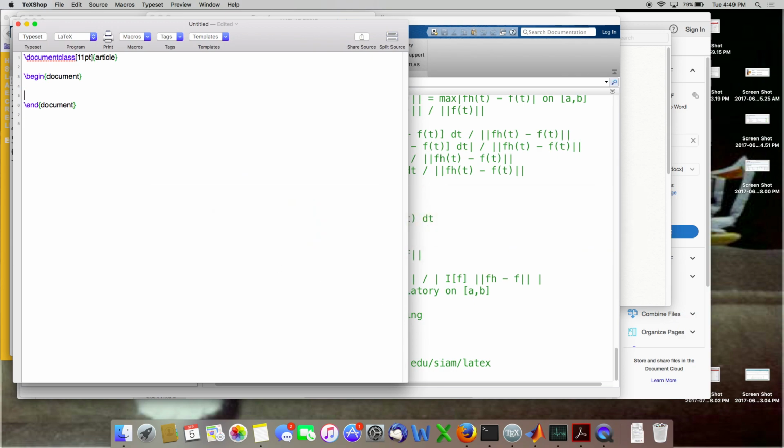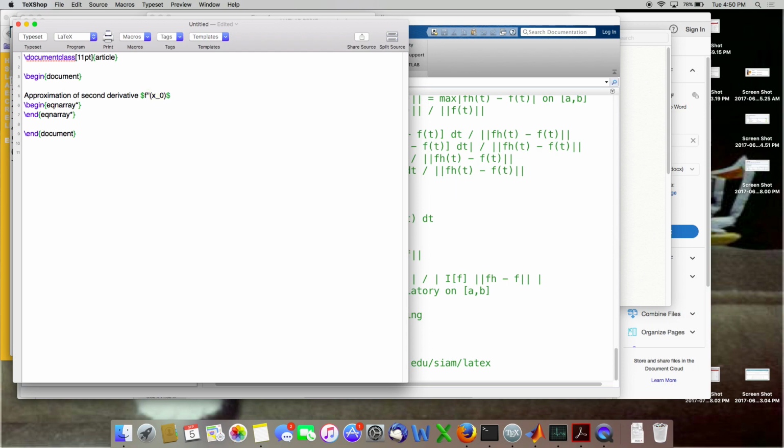So what I'm going to do is create an array of equations because I want them to be lined up. And I could type in ordinary text, but if I use $, that puts me into math mode.